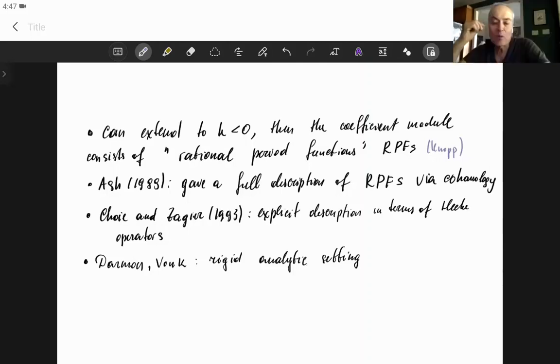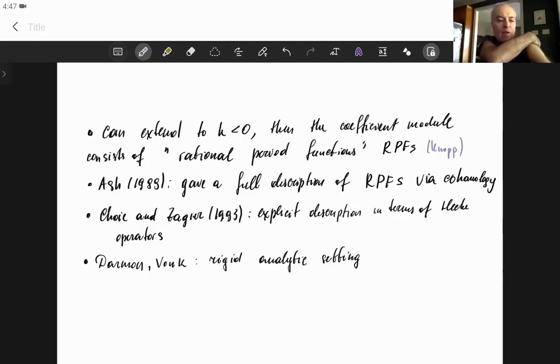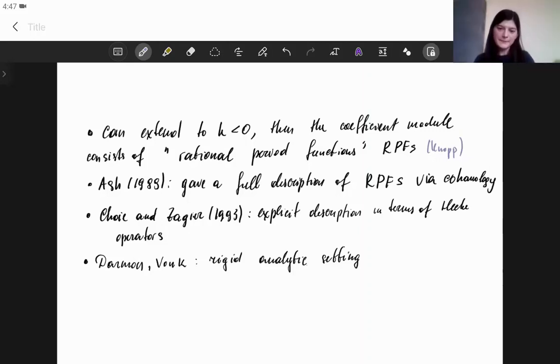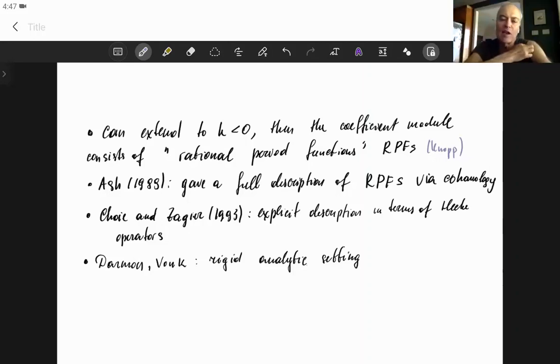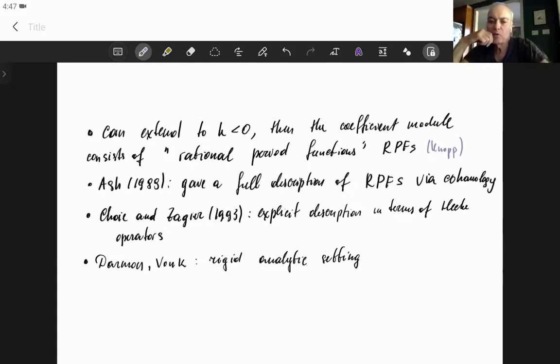But I don't know what happens when K is negative. This is something I'm not quite sure of. You mentioned Ash. Now that's interesting because I guess that's Abner Ash. So I'm not sure what kind of description he gave when K is negative. So this is something that's new to me.